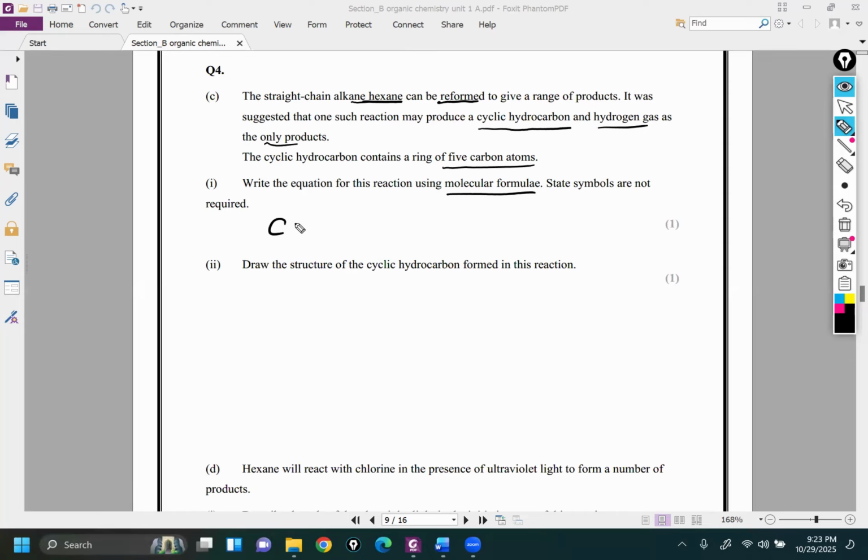So it is hexane, C6, and hydrogen will be 2 more than double, so C6H14. And it will give a cycloalkane, so hydrogen will definitely be removed from here. So it will be C6H12 and H2. Now, draw the structure of the cyclic hydrocarbon formed in this reaction.